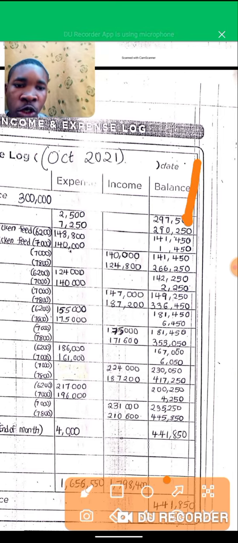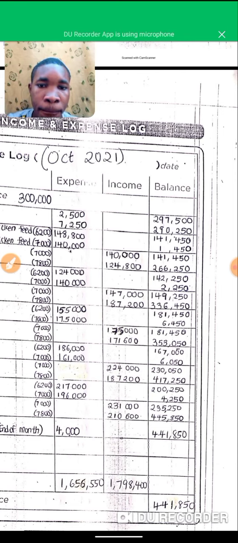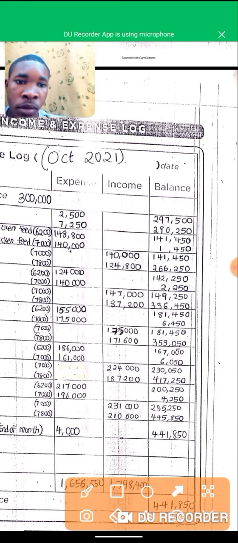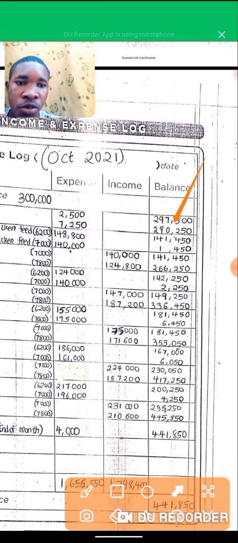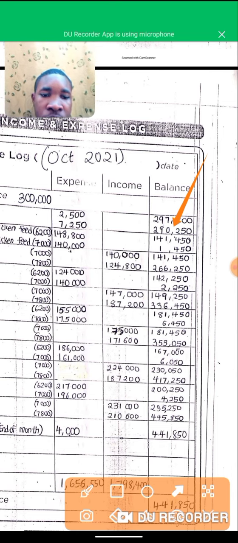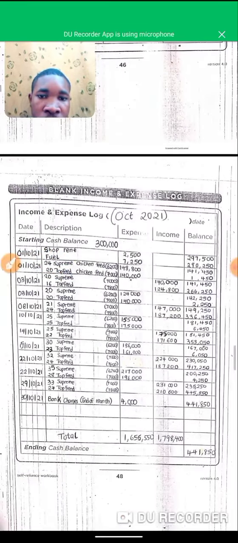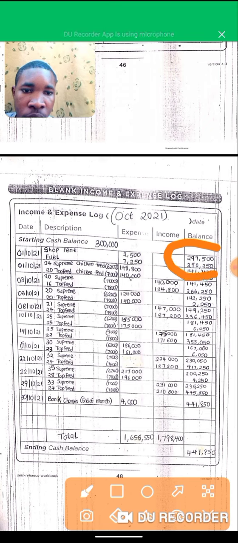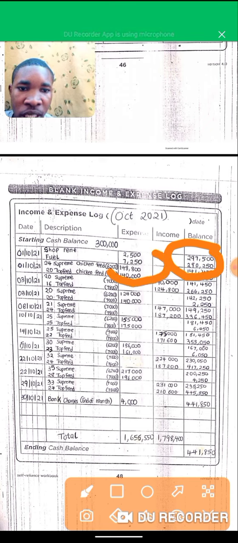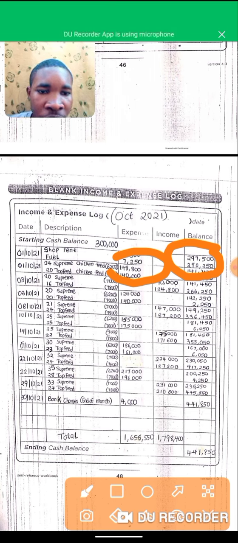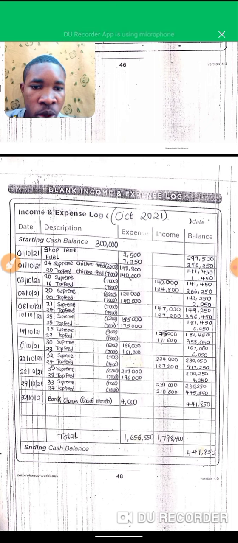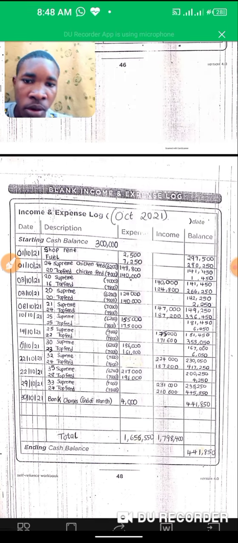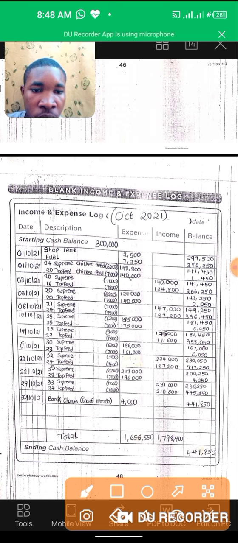We say this 290,250 minus 148,800. We're going to get 141,450.